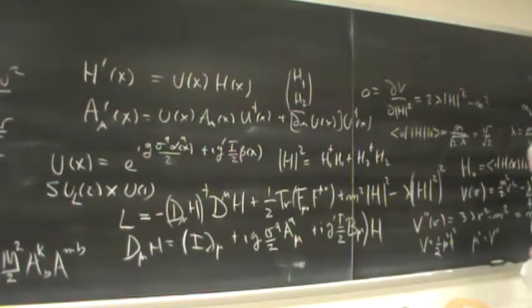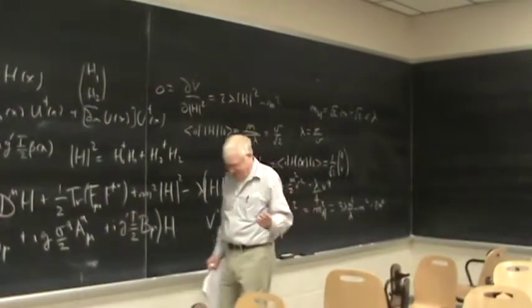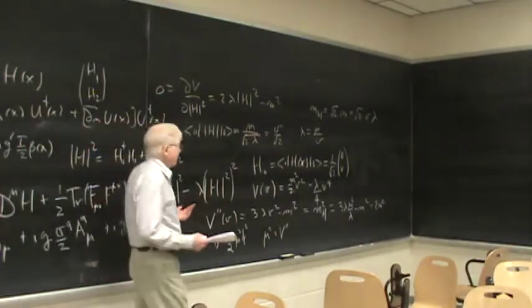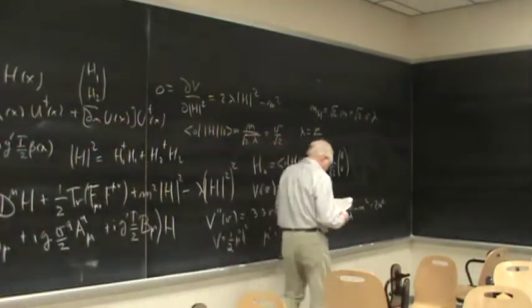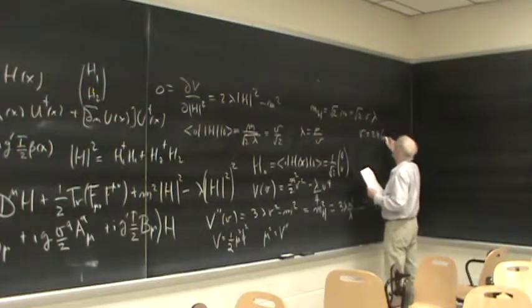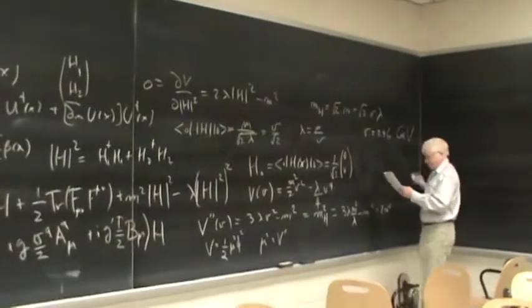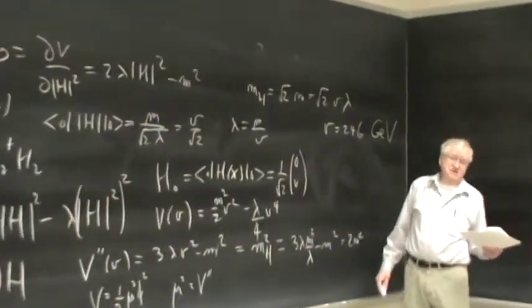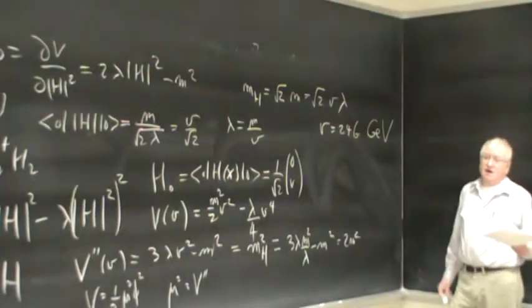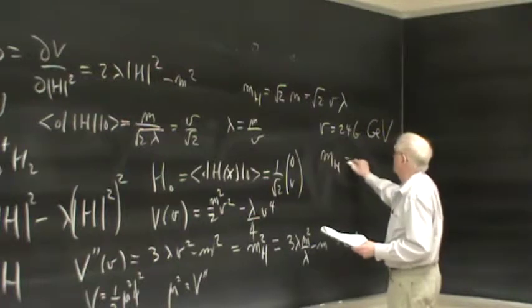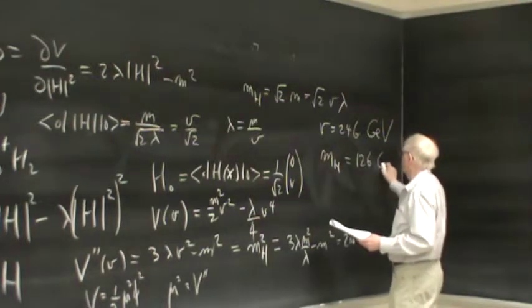And experiments at LEP and at other places showed what V was. We learned that V was 246 GeV. On the other hand, experiments at the LHC in 2012 showed that MH was about 126 GeV.